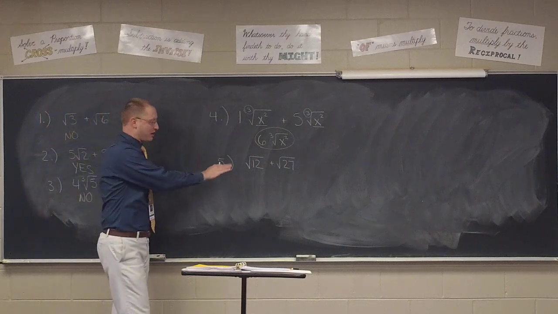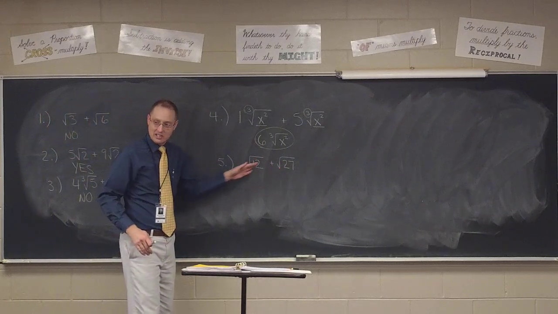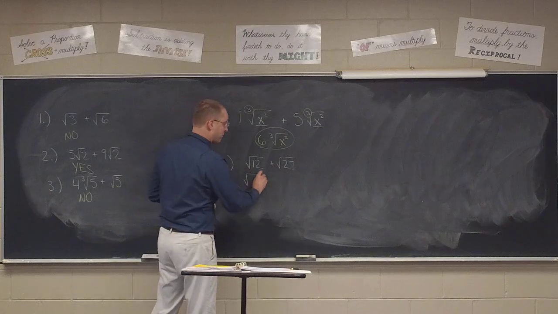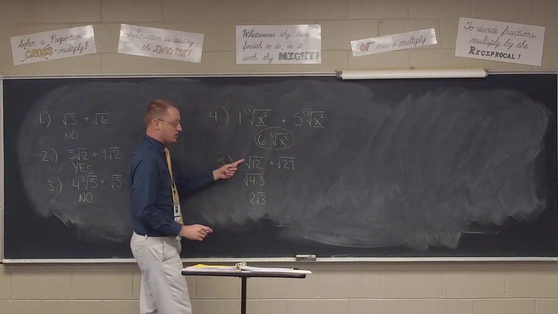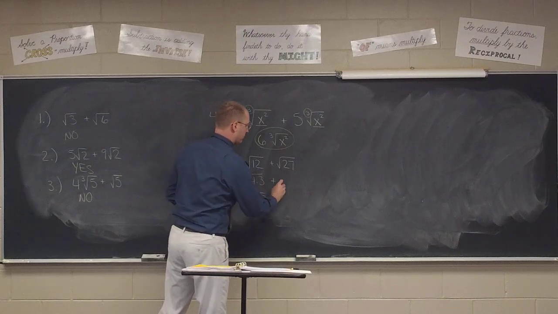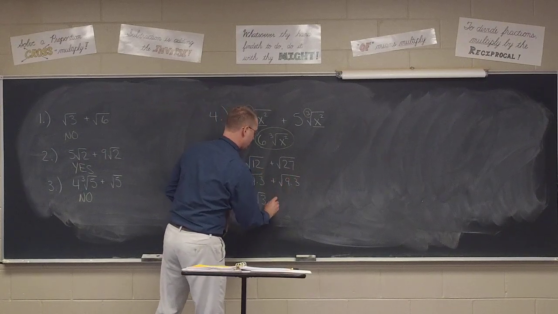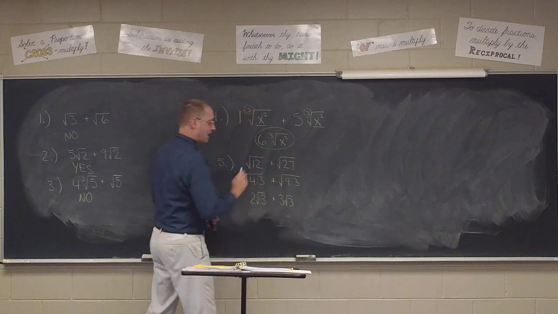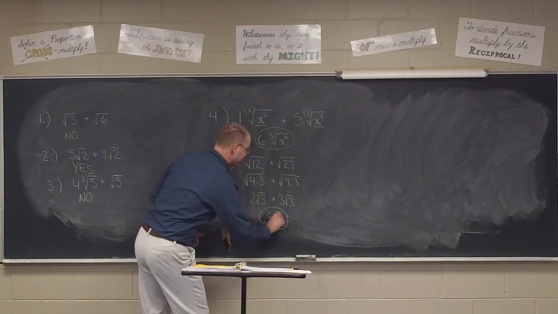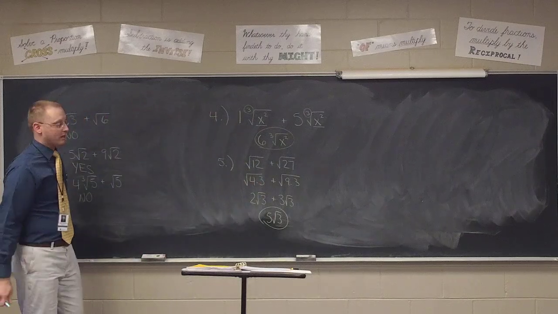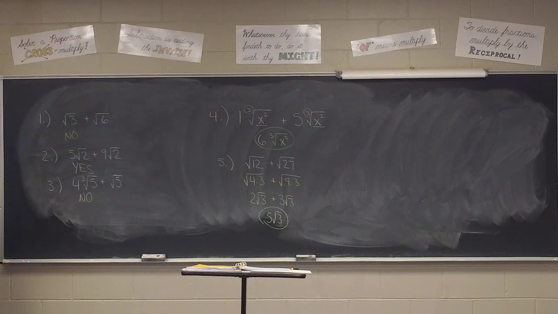We don't add radicals written like this. We only add similar radicals, but they do reduce down. This one into 2 times the square root of 3, and this one into 3 times the square root of 3, so we can add to get 5 times the square root of 3.